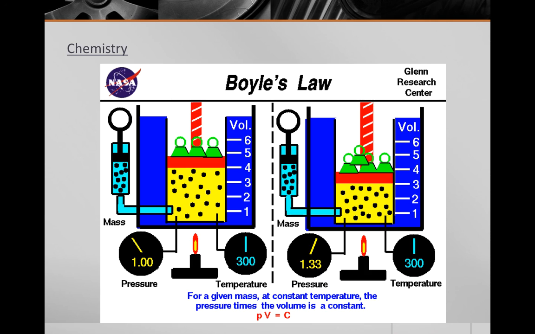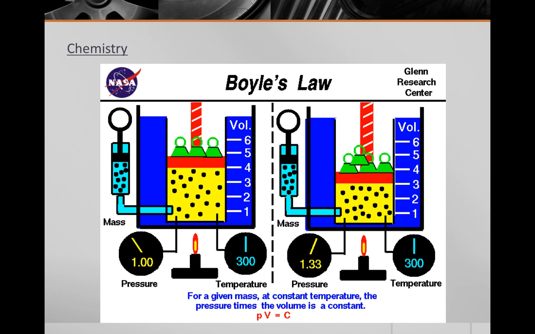And as you change the volume, for example, going from a 4 to a 3, you'll notice that the molecules and the particles there in the yellow, those little dots, as you decrease the volume, have less room to move around in, which means that they're going to have more collisions with each other.